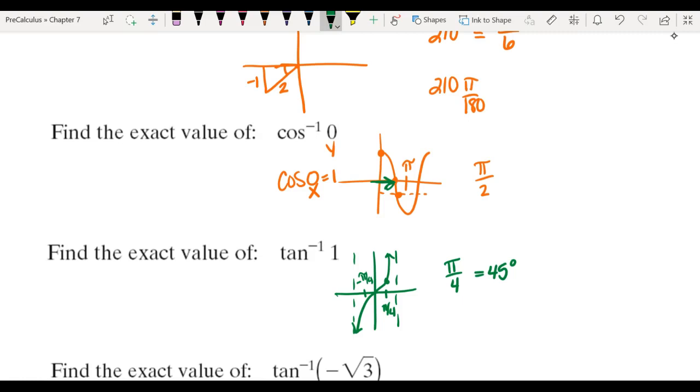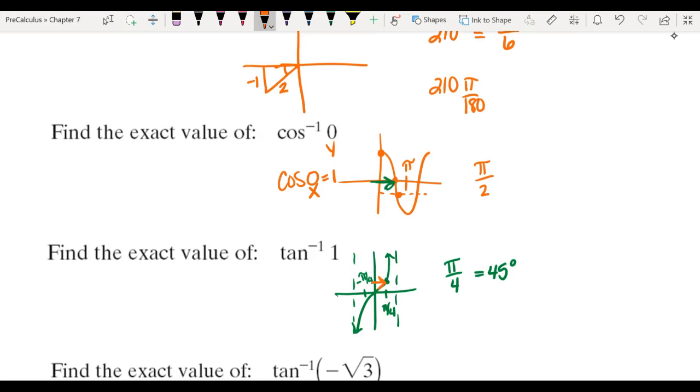What if they had wanted tan inverse of negative 1? It'd be negative pi over 4, because it's asking, where is your y value 1? So you're looking for where your y is 1 on your tan graph.